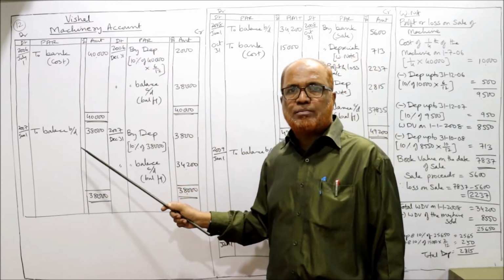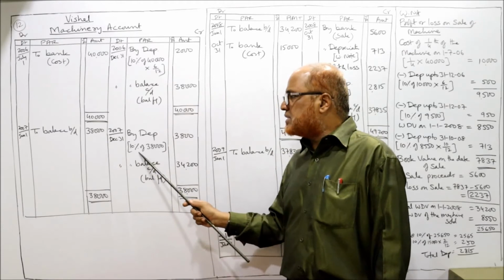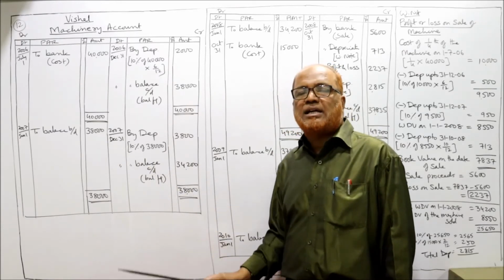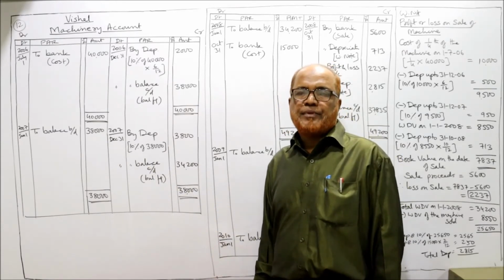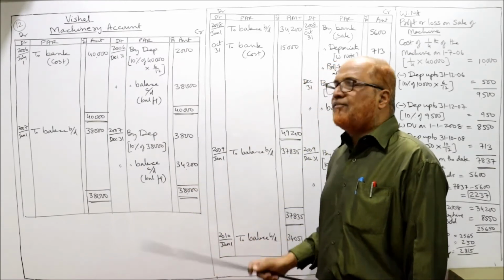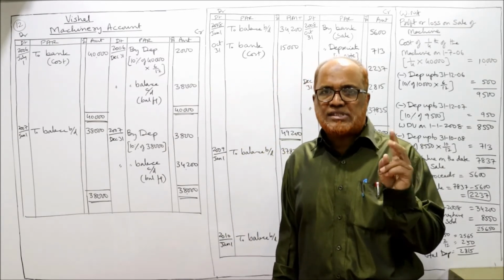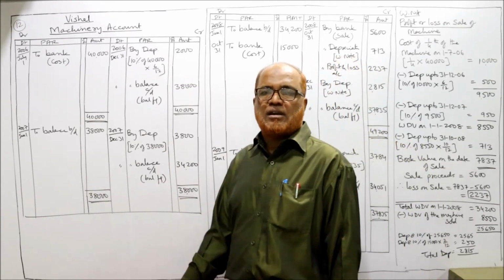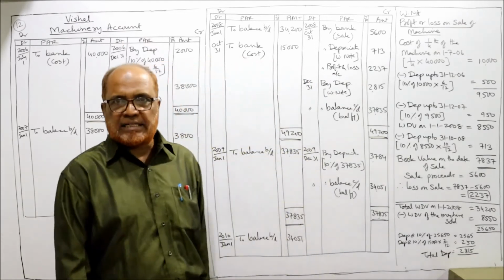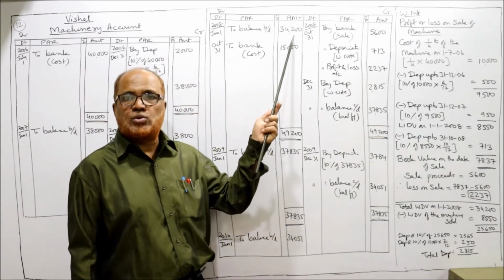Not on original cost but on written down value. What is the written down value here? 38,000. So 10% of 38,000, 3,800 is the depreciation. Now find the balance. 38,000 minus 3,800, 34,200 is the closing balance of the machine at the end of the second year, that is 2007. Now we'll come to 2008. 2008 January 1st, to balance brought down 34,200.